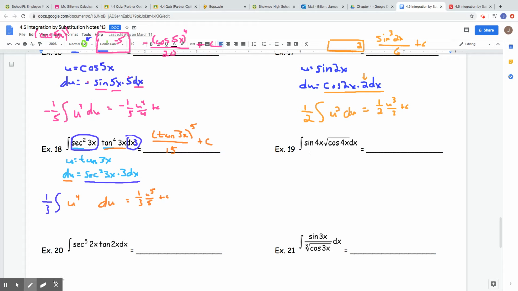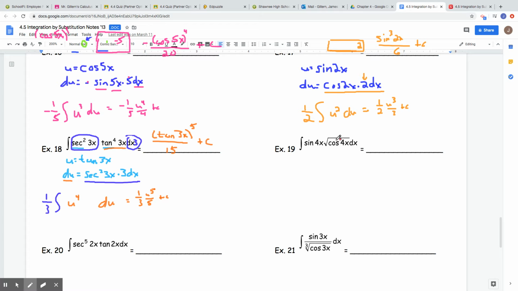19. All right, in 19 we have two trig functions. We have sine, we have cosine. They are not the same power. This is 1. This is actually a half. Now, you might be thinking, since the 1 is bigger than a half, shouldn't I make it sine 4x? Well, here's the deal.